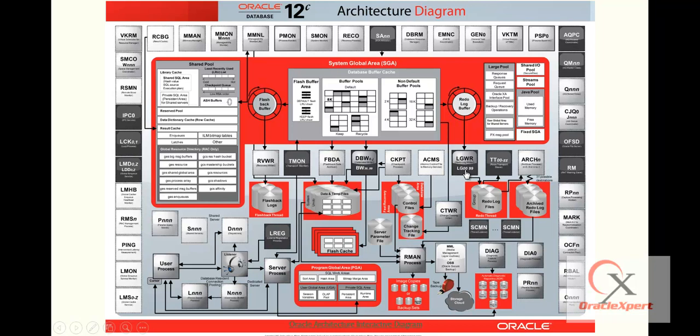Then you have the change tracking file, which is again a binary file used by RMAN to record the changed blocks to improve the incremental backup performance. It does not store the actual data blocks, but it stores the DBA, the data block address, since the last time the block was changed. The moment the block gets changed, the address of that block is written by the CTWR background process into the change tracking file.